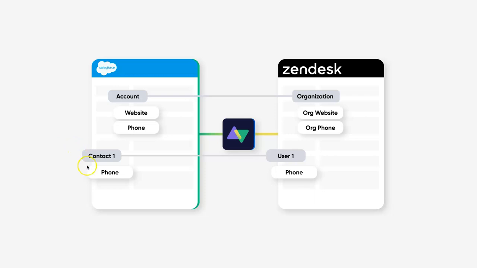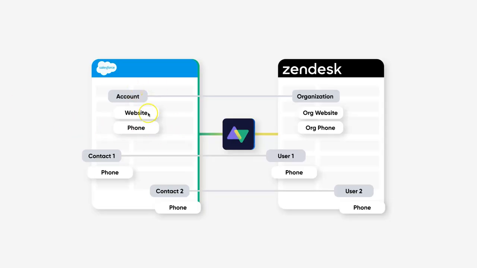Now you can have contacts being created within the corresponding account in Salesforce, and those would be mimicked as user accounts on the Zendesk side. Again, we've just taken over the phone information just as an example, but it could be any number of fields. And yeah, the use case could continue.